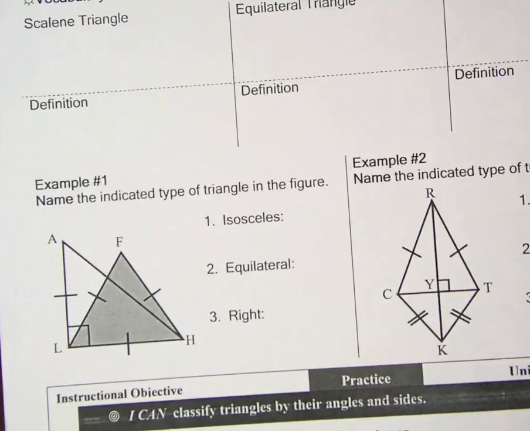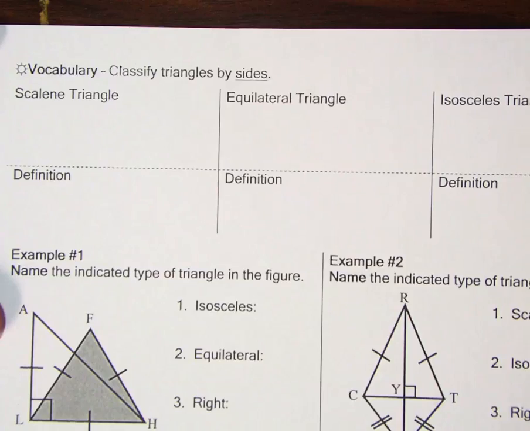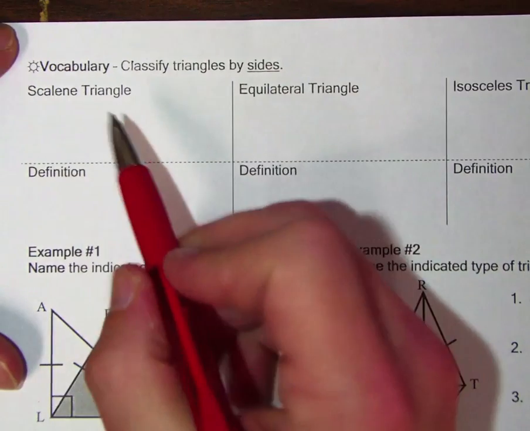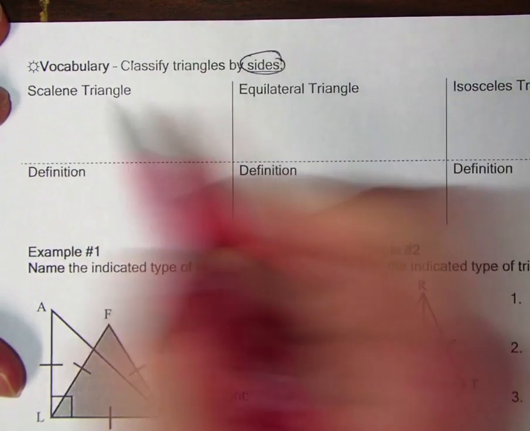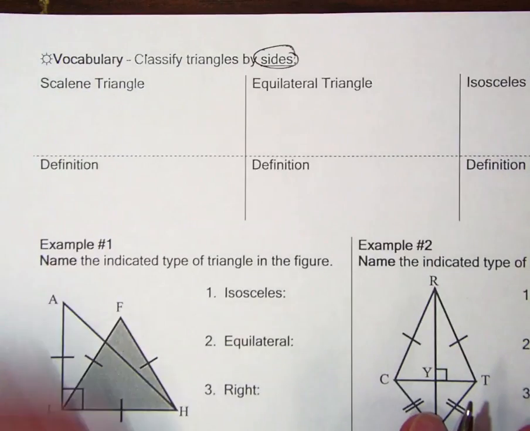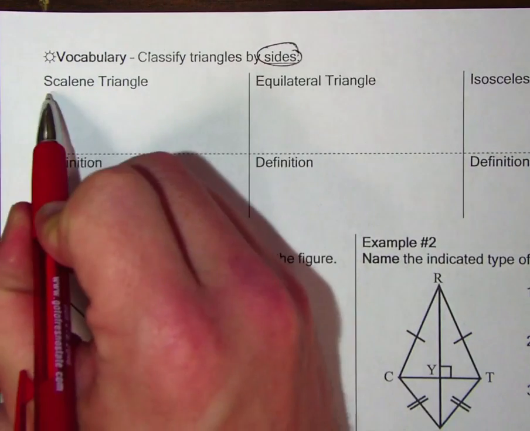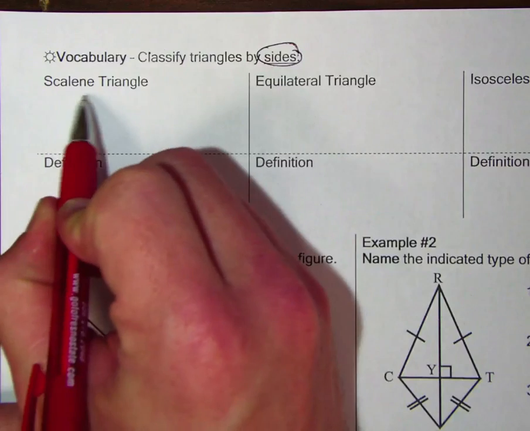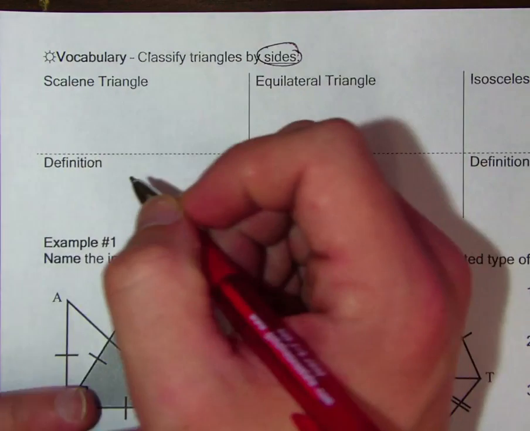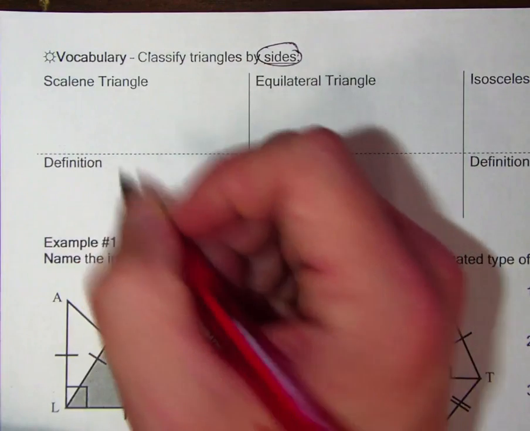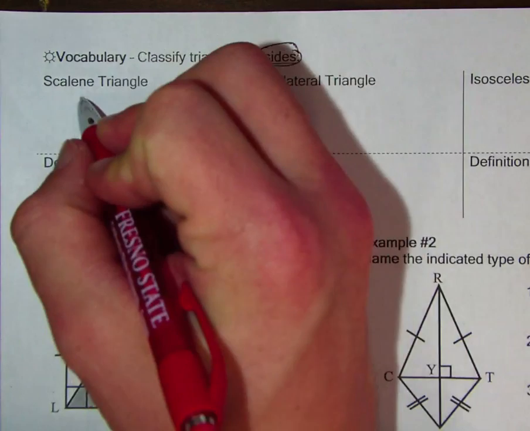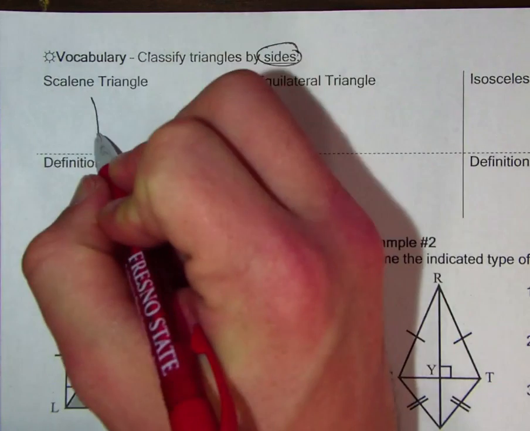We can also classify based on its sides. And if we take a quick look here, we're going to classify by the sides. Here's a word we've never seen before. It's pronounced scalene. Scalene means all the sides and all the angles are different measures. So a scalene triangle might look like this.